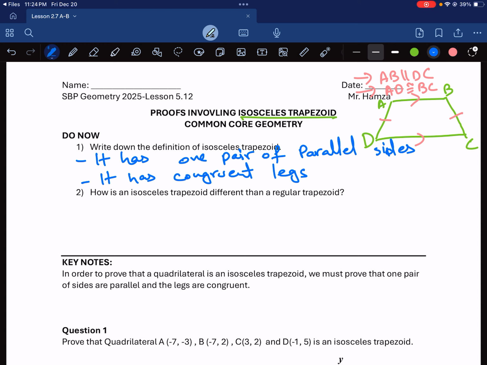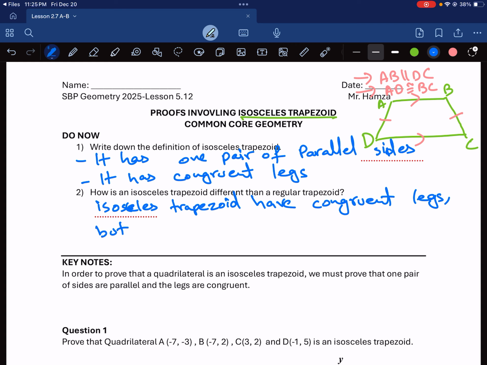All right, let's go over how an isosceles trapezoid is different from a regular trapezoid. You should write that an isosceles trapezoid has congruent legs, but a regular trapezoid does not.